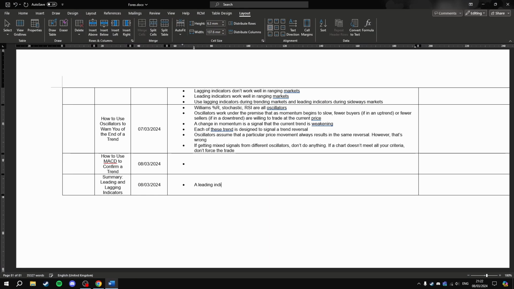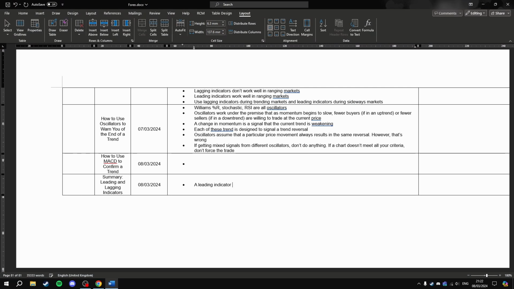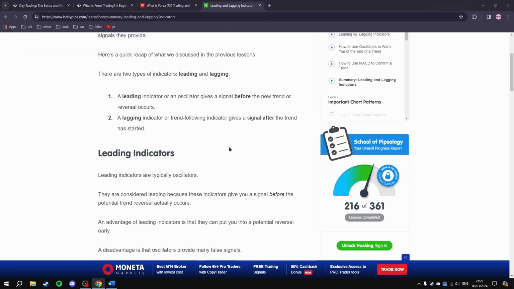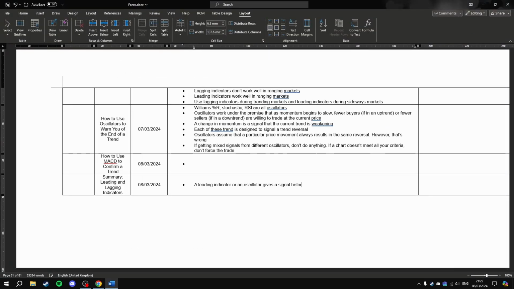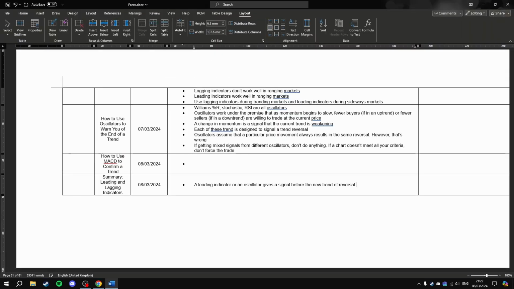So a leading indicator, or an oscillator, gives a signal before the new trend or reversal occurs.